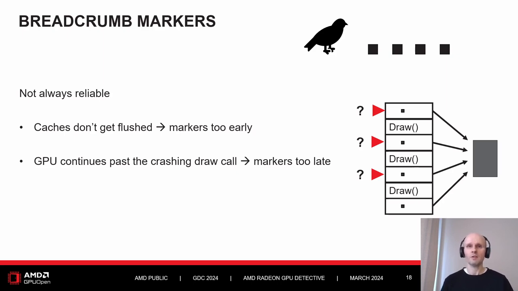But on one hand, it may happen that the GPU doesn't stop on the first failure. It may continue executing next draw calls, even entire render frames. So we may see our markers too late. On the other hand, if the GPU stops, it may have some caches not flushed. So we may see the markers too early.